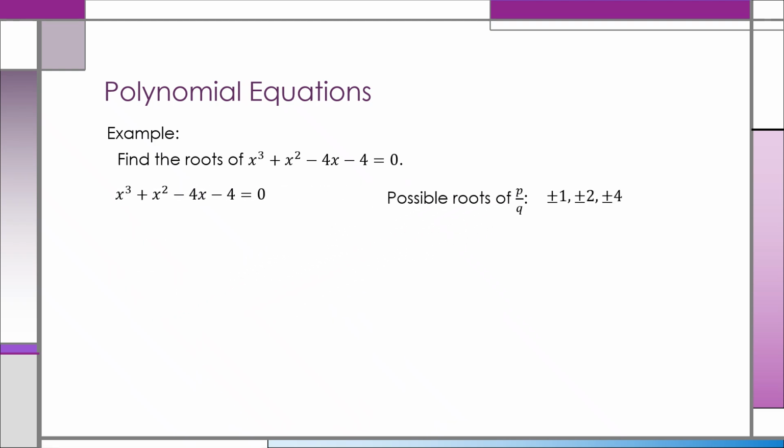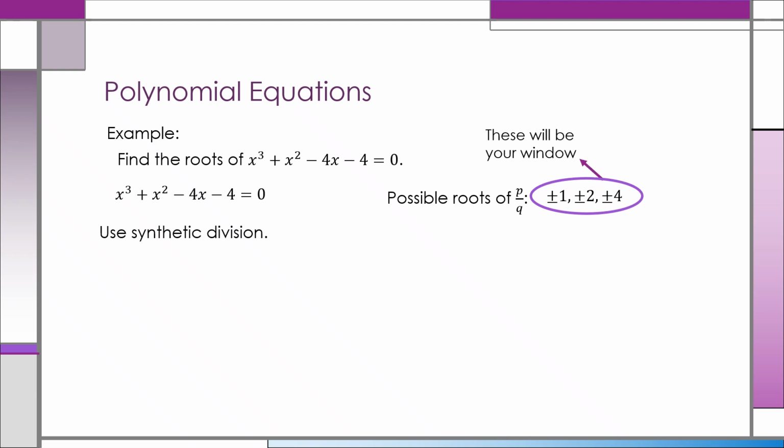Our next step here is to use synthetic division. Remember that this is a trial and error method. So as you can see on the possible roots of P over Q, the encircled ones on the synthetic division part will serve as your window. Now, to find the real roots of the given polynomial equation, we will use first the synthetic division.